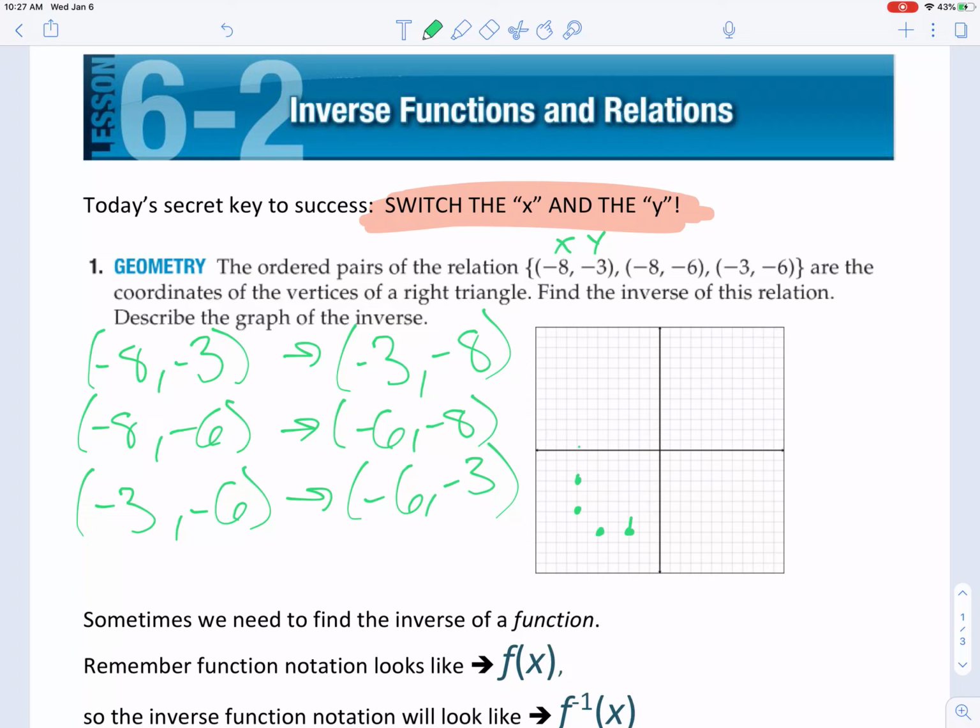And then let's see, -3, -6. 1, 2, 3, 4, 5, 6. This creates this triangle. What do I need? -6, -3.